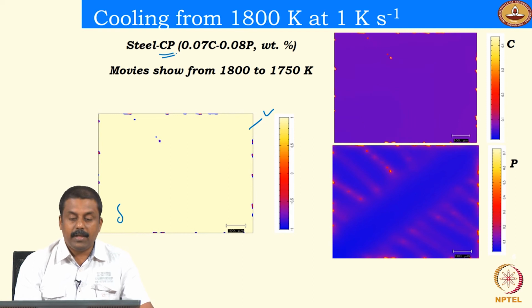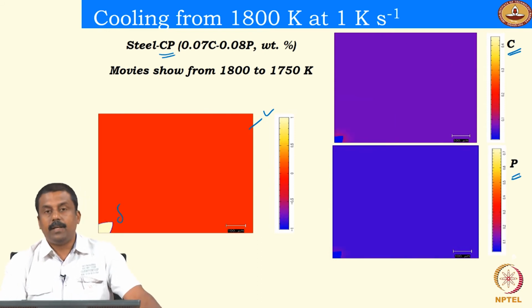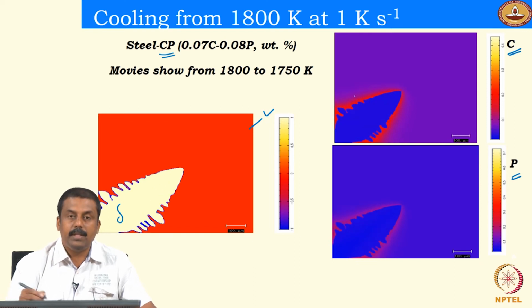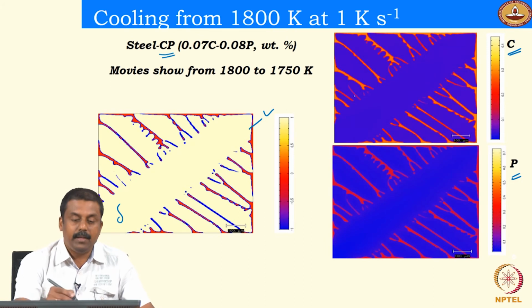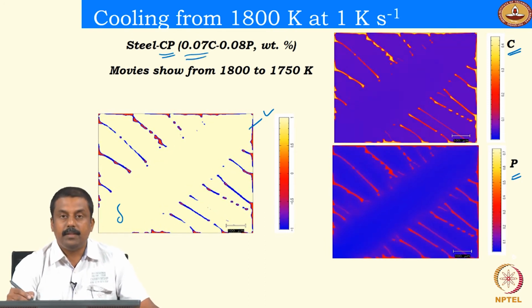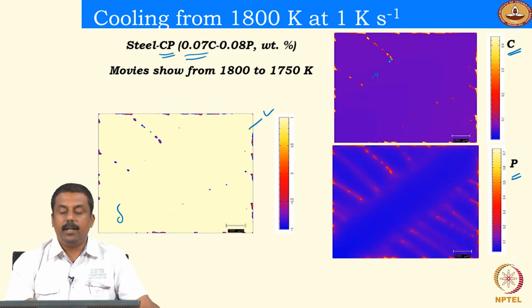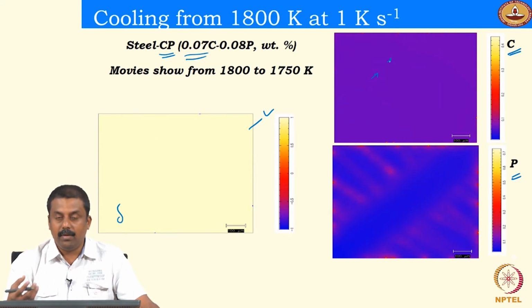During this process we can also simulate the partitioning of carbon, for example, and phosphorus, and understand how the carbon atoms migrate from the delta ferrite region to the unsolidified liquid. Here you can already see that we begin with a carbon concentration of 0.07, but as solidification progresses, carbon migrates to the unsolidified liquid, and thereby the carbon concentration gets enriched in the liquid which is not solidified.